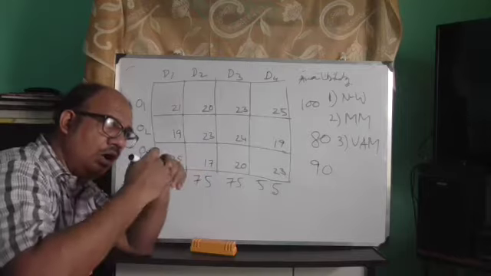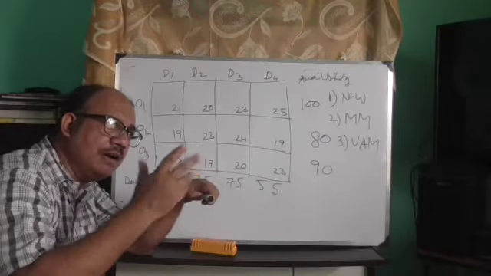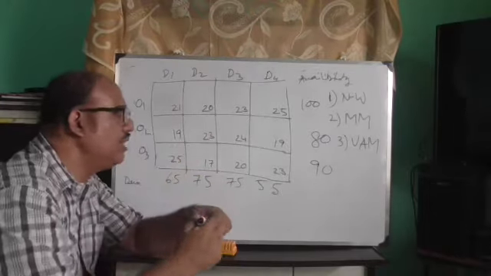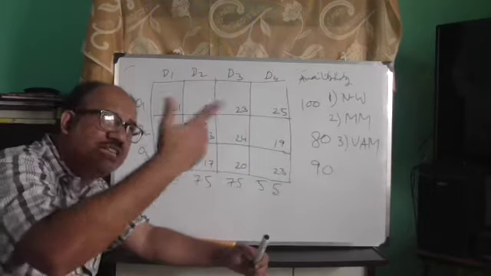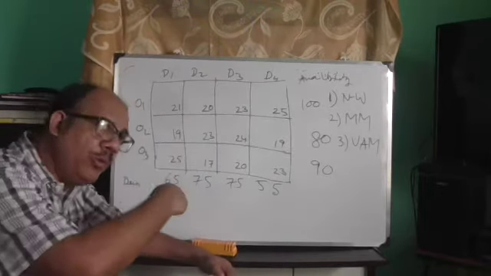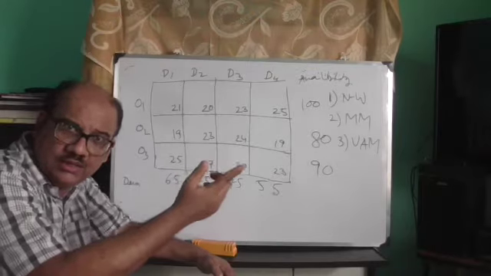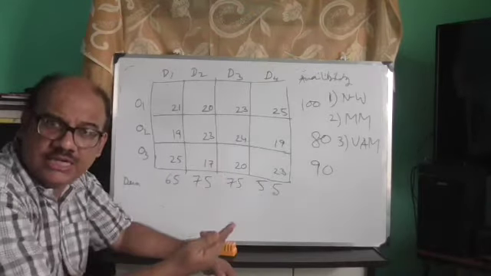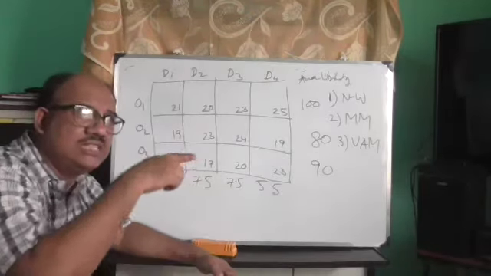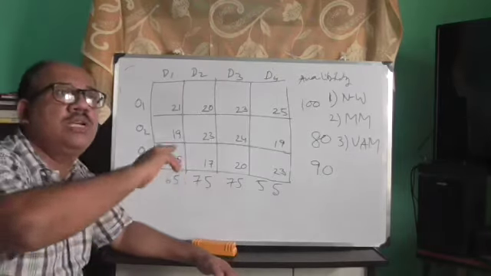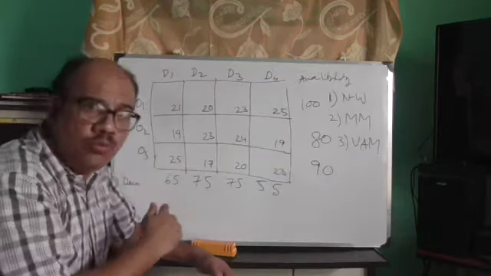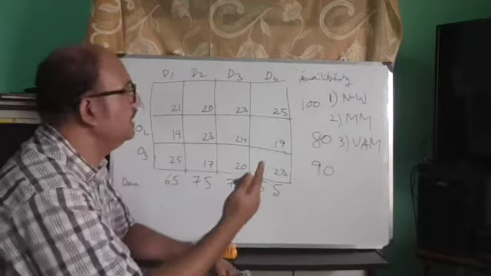So our decision variable has three different parts: Xij that we have defined. The ij is important, meaning from which origin to which destination, and X is the number of units, how many units to be transported from which origin to which destination.